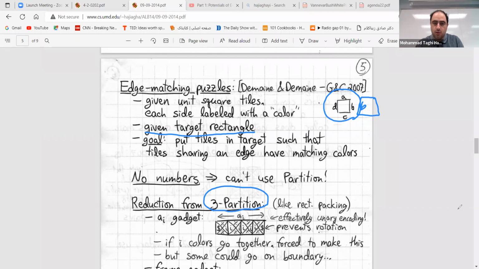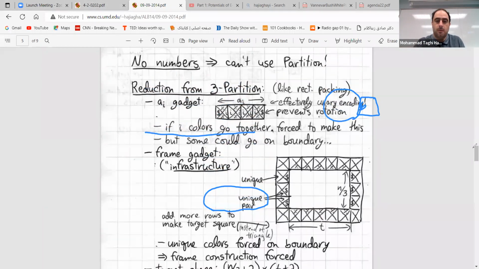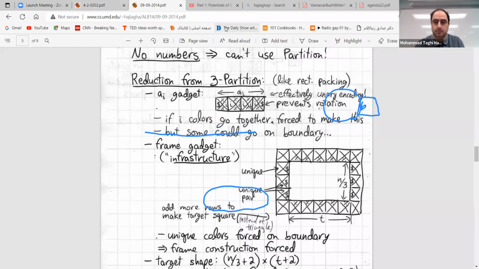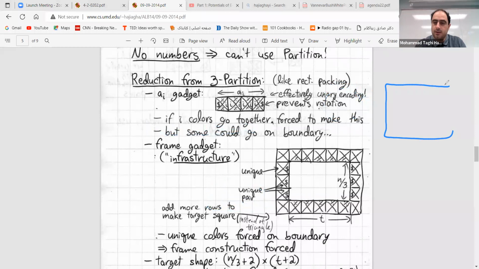In the rectangle packing, as we discussed, you try to put all these rectangles in such a way that you pack them in this target rectangle. Good. Now we have that problem. So we had the 3-partition, then we had rectangle packing. This is an important one that is NP-hard or NP-complete. Now we try to use that one.